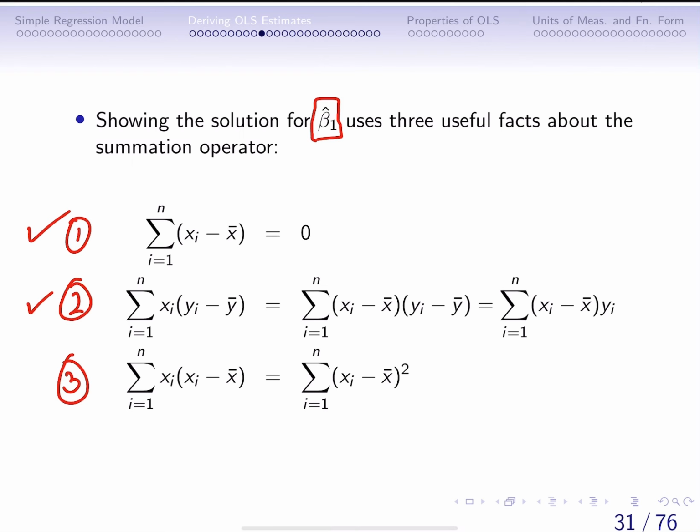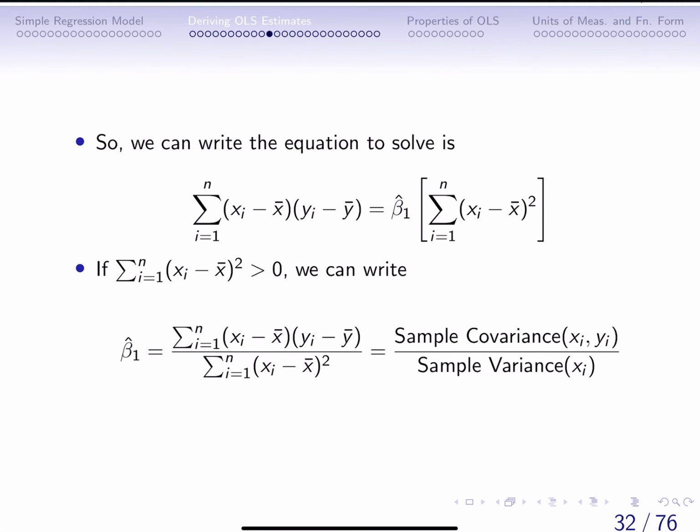The second one might take you a little bit longer, but all of these are equivalent expressions, and this helps us work through the proof sometimes when we're thinking about writing down the expression for beta 1 hat.